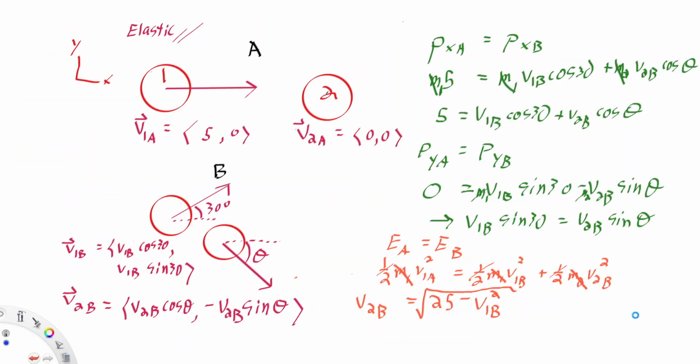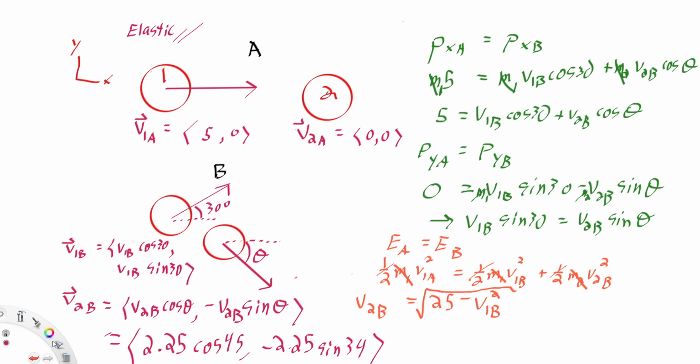And once we go back to our original here, we can say V2B, in vector form, is going to be 2.25 times cosine 34 minus 2.25 sine 34. That's cosine 34, right? Not 45.